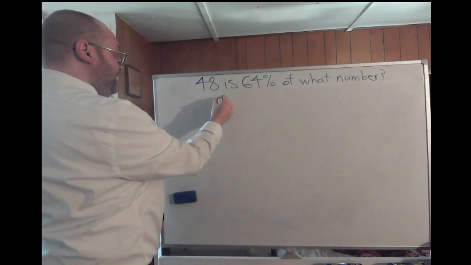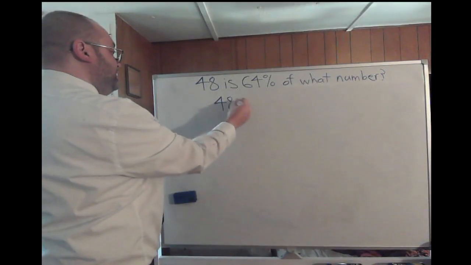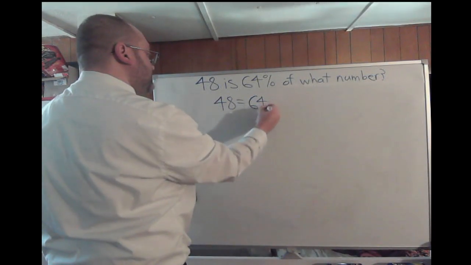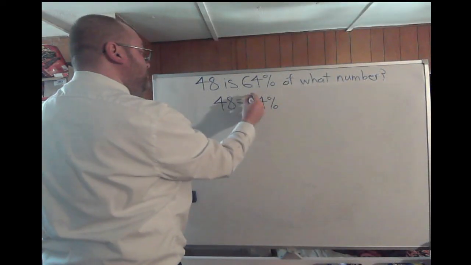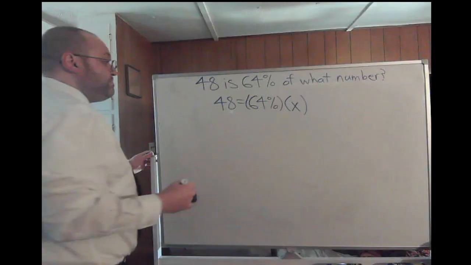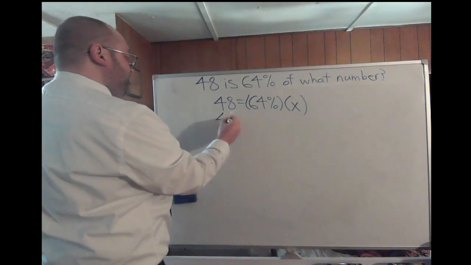So we have 48 is, that means 48 is equal to 64% of what number? That means it's 64% times some variable, which would happen to mean 48.